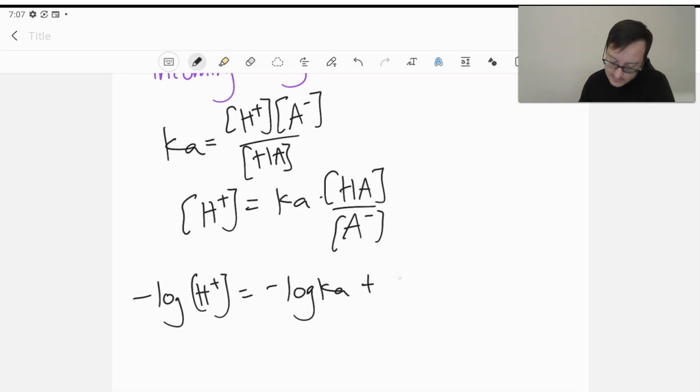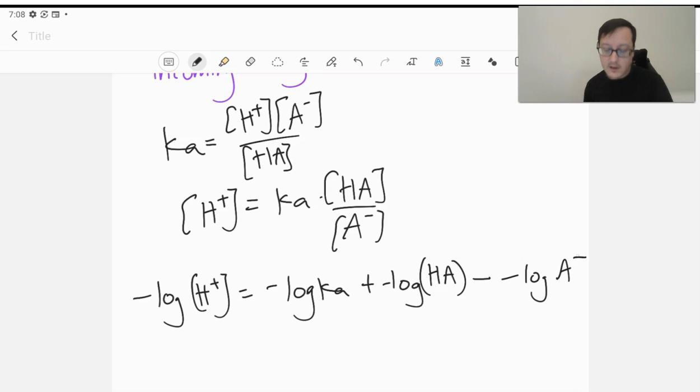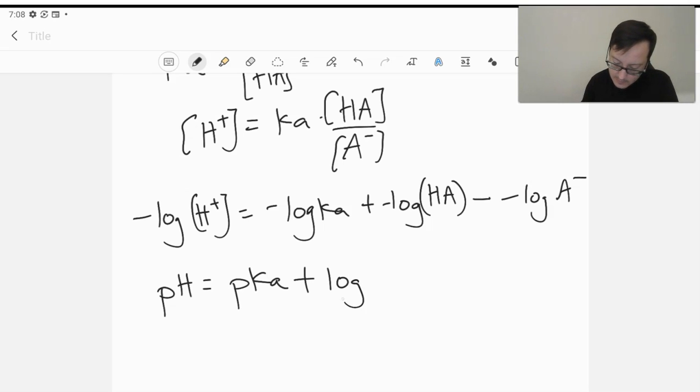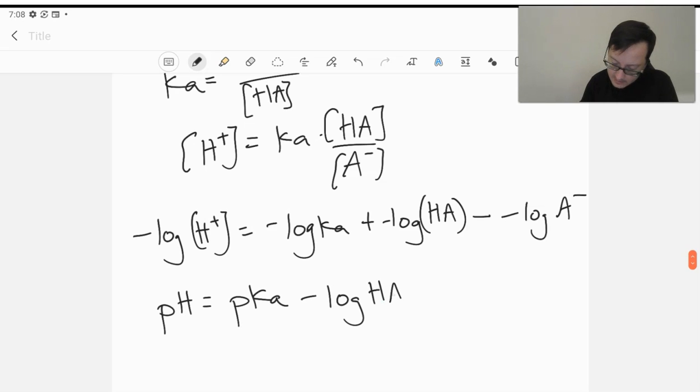It's minus log of Ka, minus log of HA, since HA is multiplied, and then we're going to add log of A minus, because A minus is on the bottom, so the negative log becomes plus. So pH, therefore, would be pKa, which we've seen before, minus log of HA plus log of A minus.